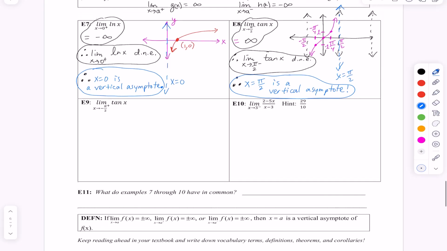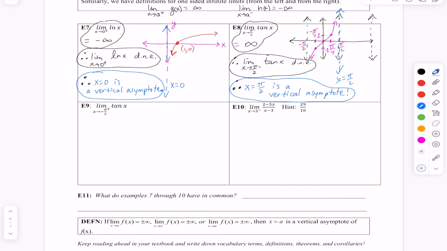Let's use the same picture and see if we could evaluate the limit as x approaches negative pi over 2 from the right. So as x approaches negative pi over 2 from the right, where do the corresponding function values go? They're going to the concept called infinity in the negative direction.